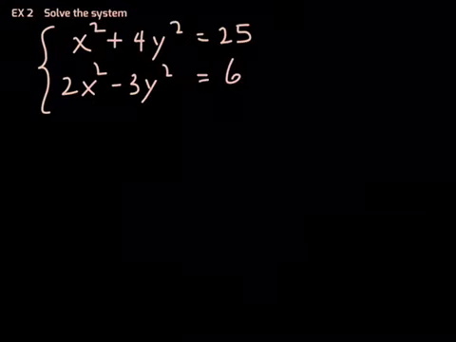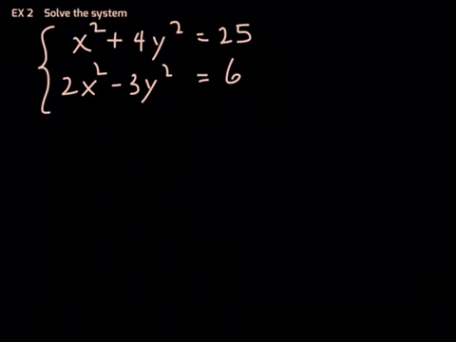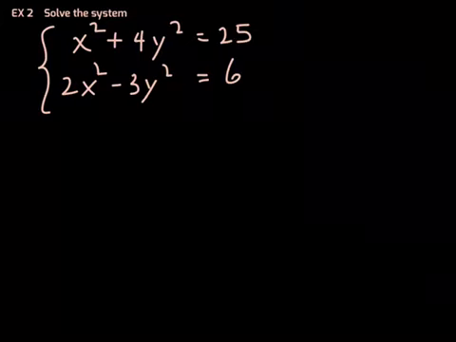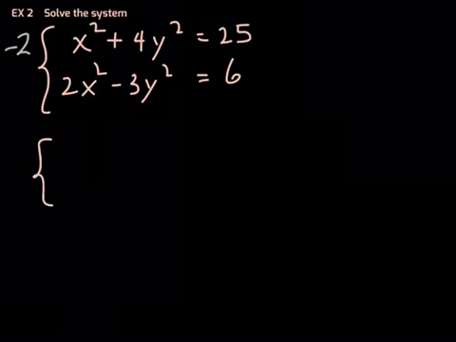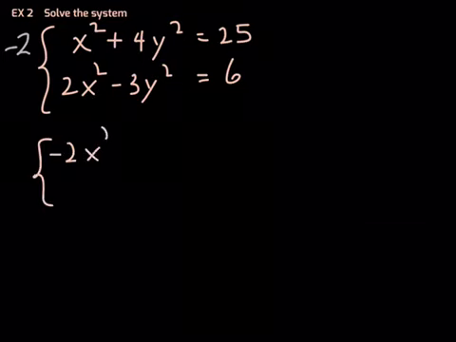I'm going to use the elimination method here. I notice that all the variables are being squared. So what I'm going to do, and remember there's many options for this, is multiply the first equation by negative 2. When I multiply the first equation by negative 2, I end up with negative 2x squared minus 8y squared is equal to negative 50.